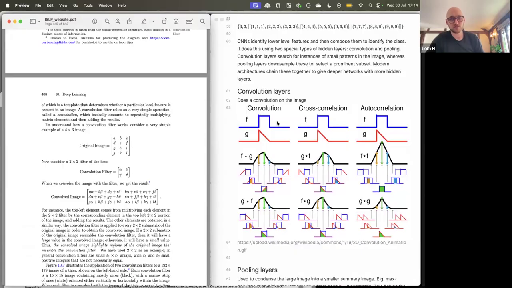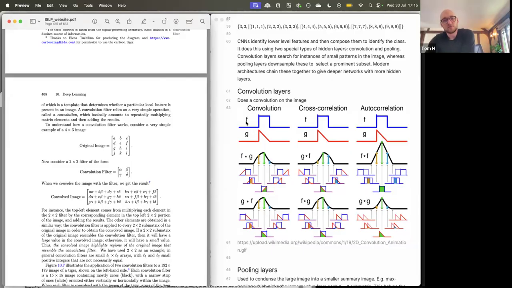Convolution, if you've got two functions, is like passing them through each other and looking at what comes out. This is the schematic here where you've got f star g, so f convolved with g, or the convolution of f and g. You basically push them through each other and then see what the average is between them. I'm going to say average, I'm not sure it is strictly an average.